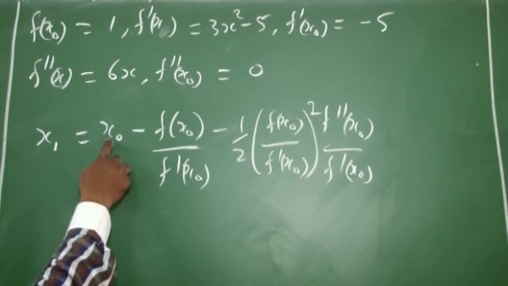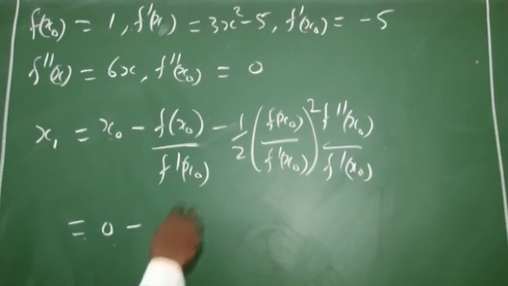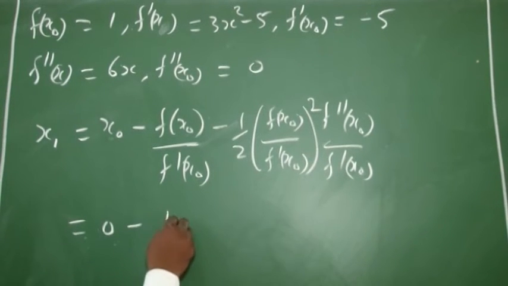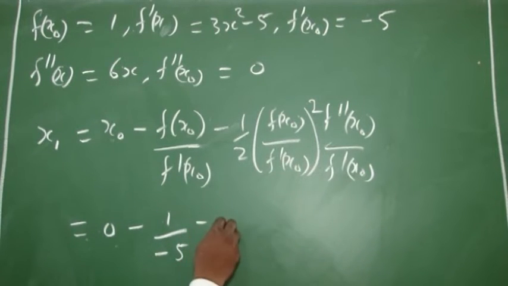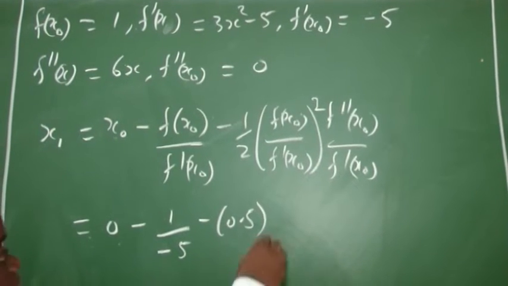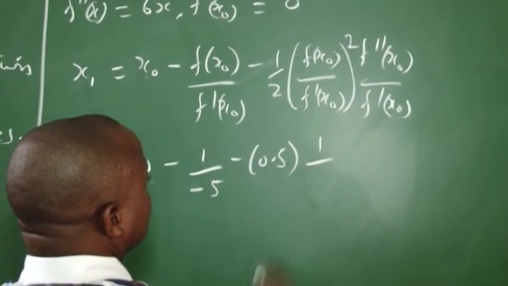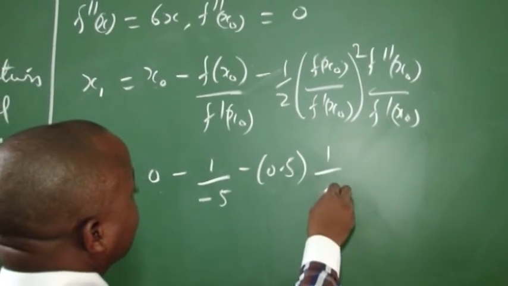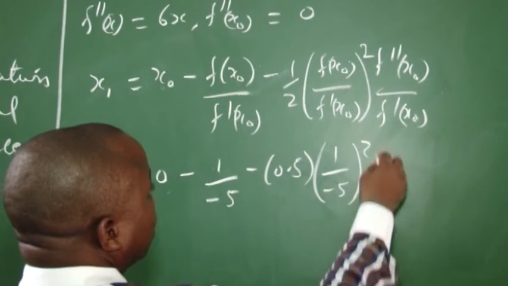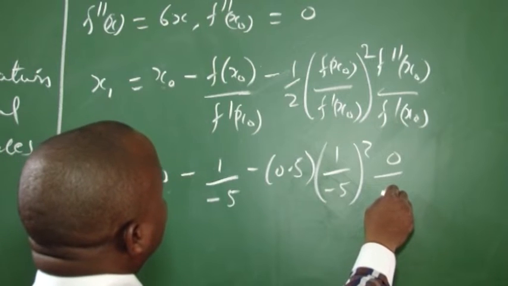So if we compute that, x0 is 0 minus f of 0, which is 1, over f prime of x0, which is minus 5, minus 1 over 2, which is 0.5, times f of x0 square, which is 1, over f prime of x0 square, which is minus 5 square, times f double prime of x0, which is 0, over f prime of 0, which is minus 5.